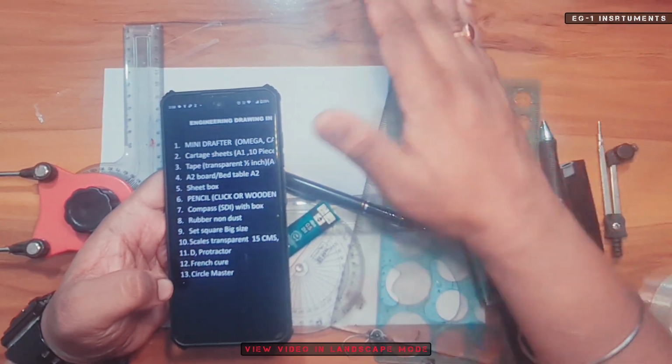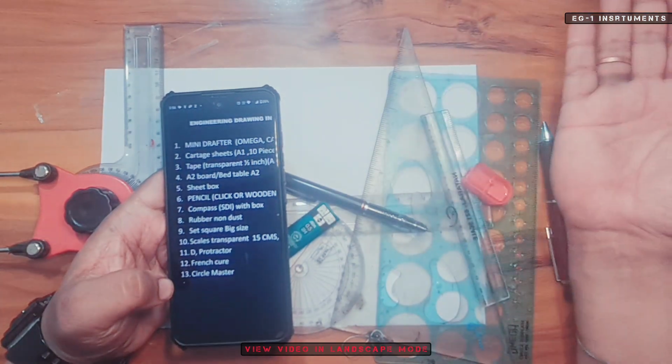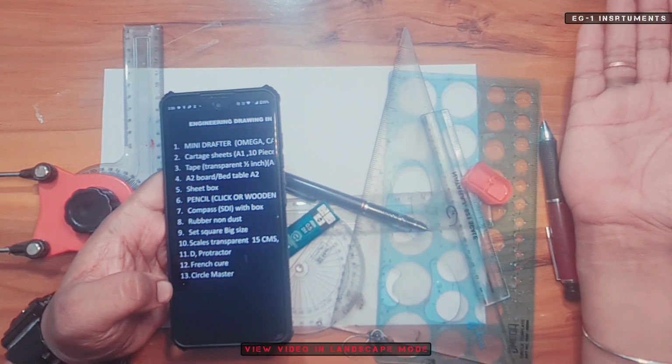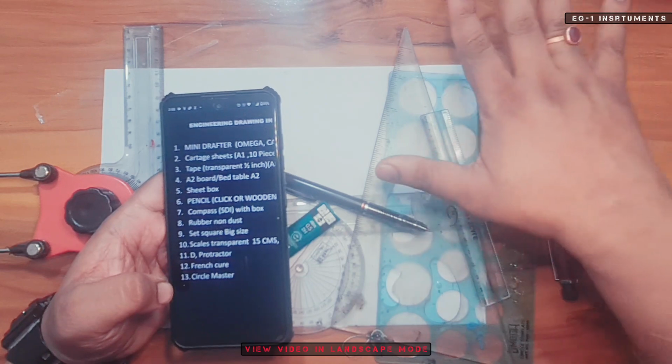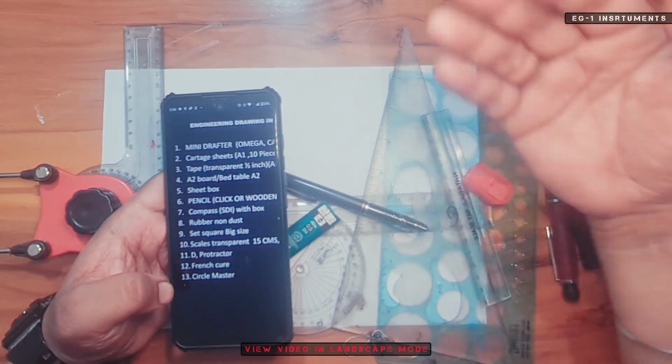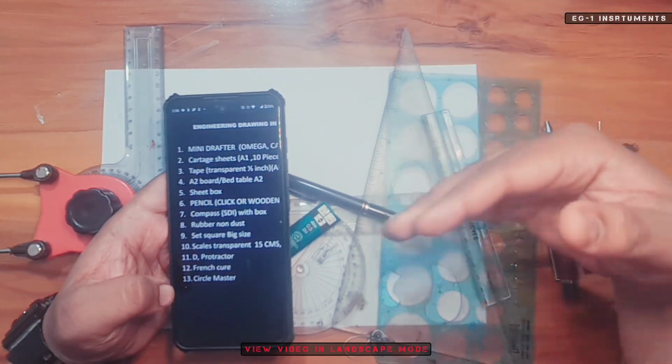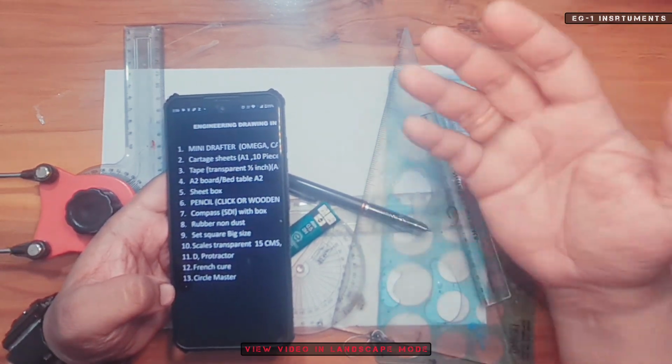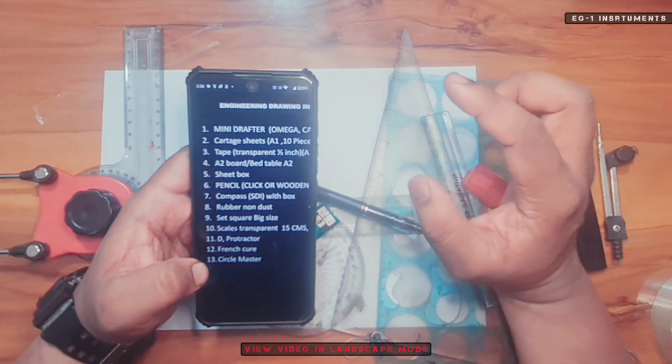If you double this, it will become an A3 paper, and if you double that A3 paper, it will become A2, and if you add 2 A2 papers, you will get an A1 sheet.